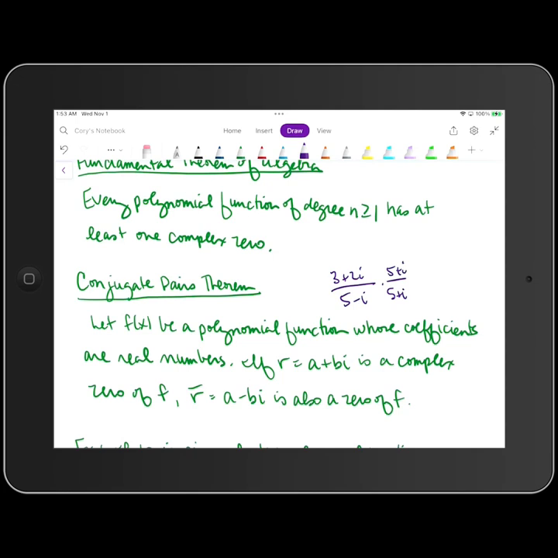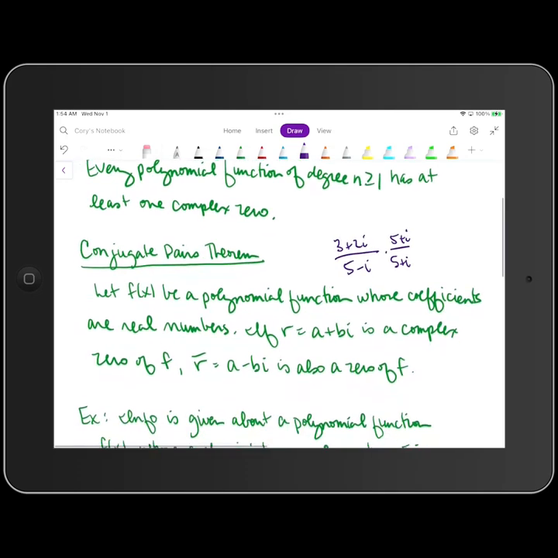So the conjugate of a complex number is one where the real part and the imaginary part are the same, it's just the sign in between the real part and imaginary part is opposite. So if a plus bi is a complex zero of f, then its conjugate a minus bi is also a complex zero of f.